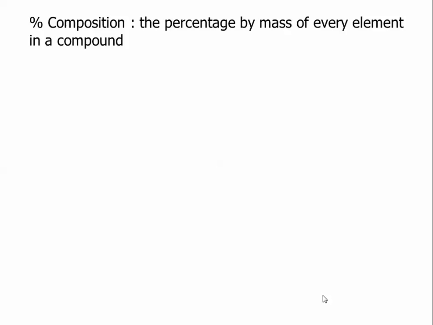So percent composition means basically what is it made out of? What we're looking for is the percent by mass of the different elements in a compound.